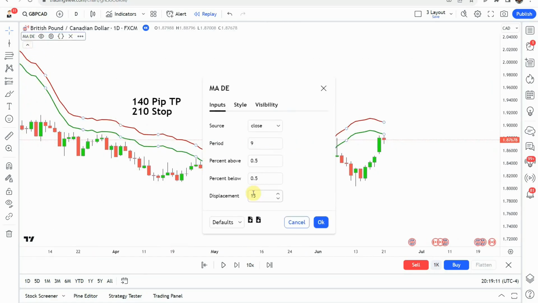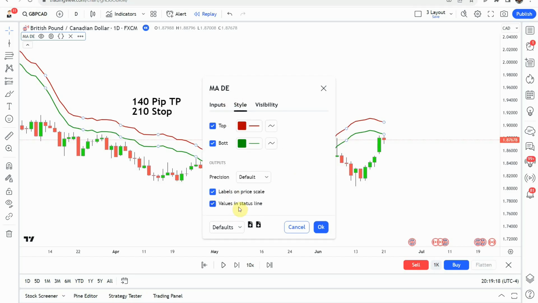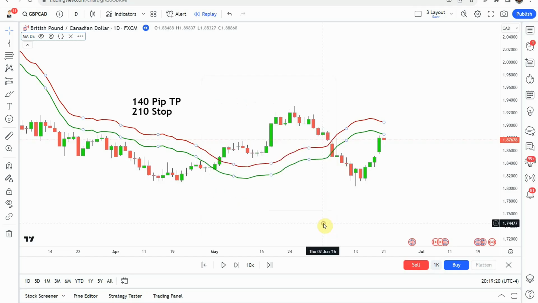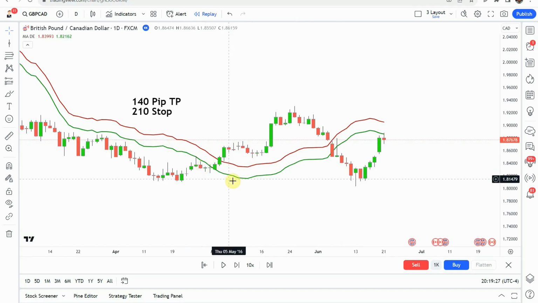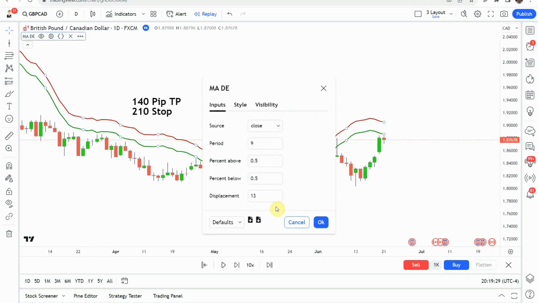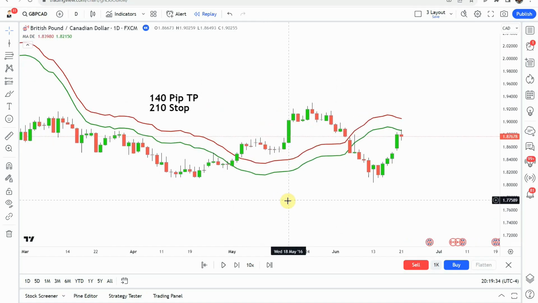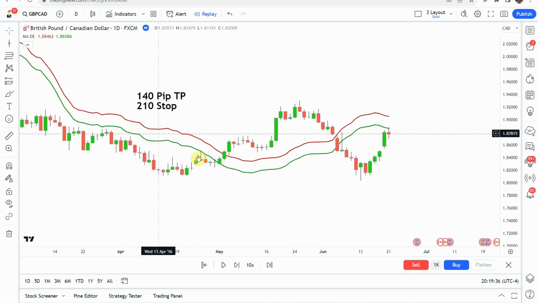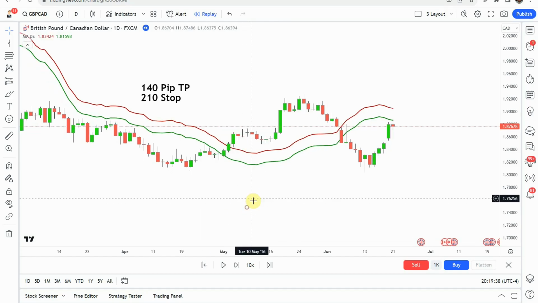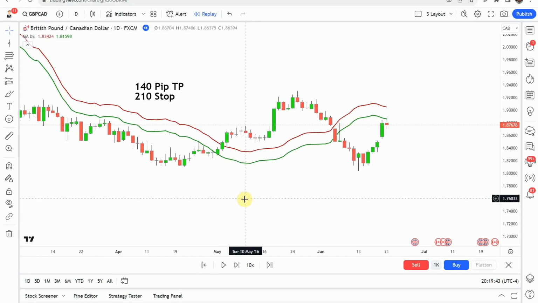You can go in and of course tweak the settings on this to change the distance between these two indicators, and you can tweak the input on them to change the length, the period of the moving averages as well. If you're interested in more information on the indicator, of course you can click on the link down below. It'll take you to the indicator page.